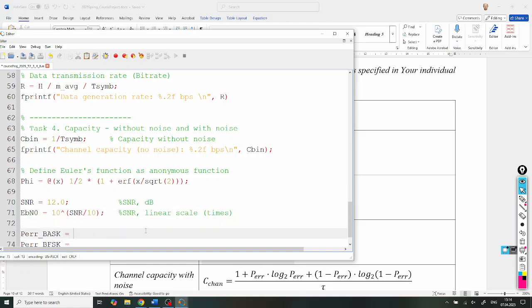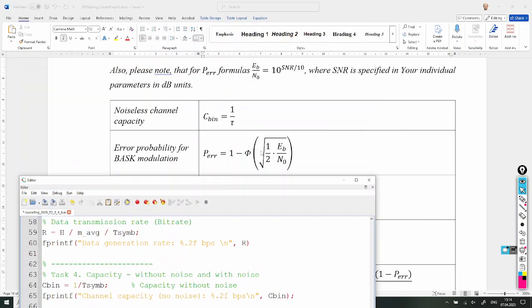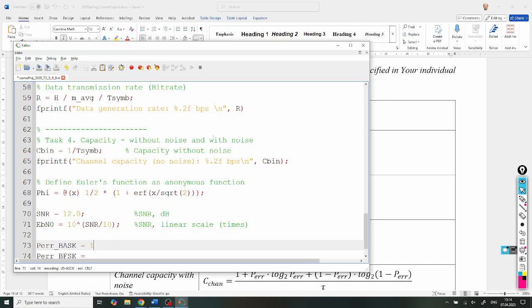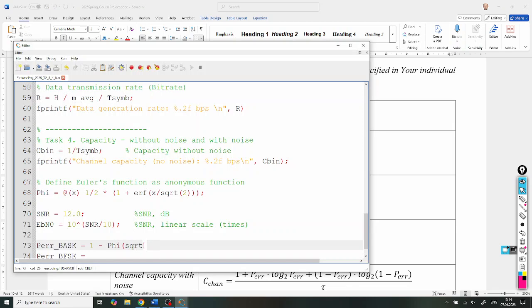Okay, so that means now we can specify these three error probabilities. This phi function is actually calculating your probability of not having a mistake. So what we want to know is actually the opposite event. Yes, what is the probability of having an error? So phi of square root of, for amplitude shift keying, you have 0.5 of this signal to noise ratio.